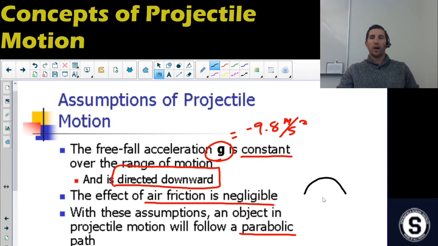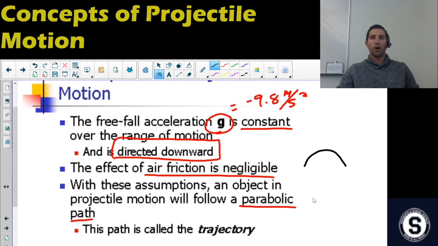Now, those shapes might be a little bit taller and narrower, or they might be wider and not as tall. Depends on how we launch it. But the path that it takes overall is called a trajectory. So whichever path that particular projectile takes is called a trajectory. Every single projectile is going to make some sort of parabola shape, but some of them differ in terms of how tall or how wide.